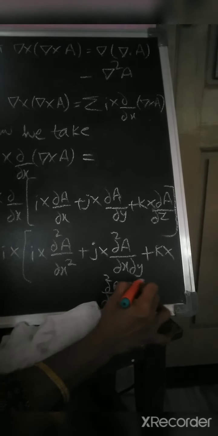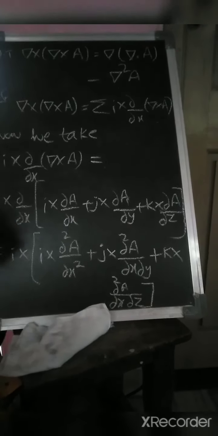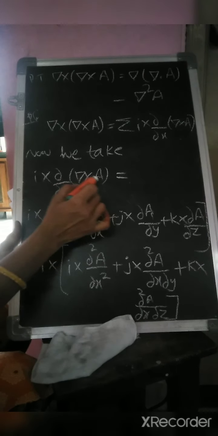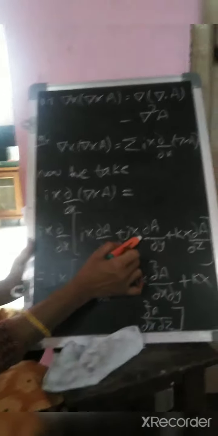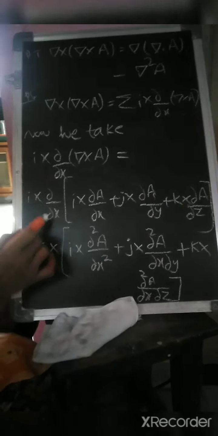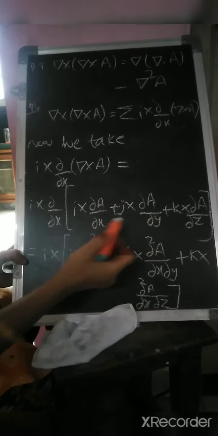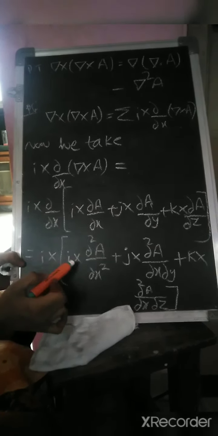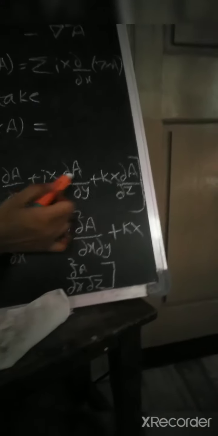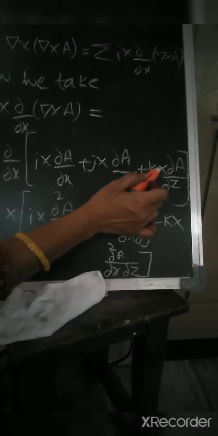So that is i cross dou square A by dou x square plus j cross dou square A by dou x dou y plus k cross dou square A by dou x dou z.